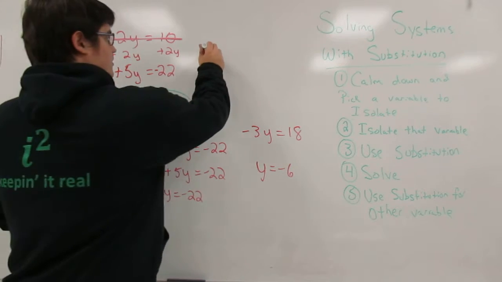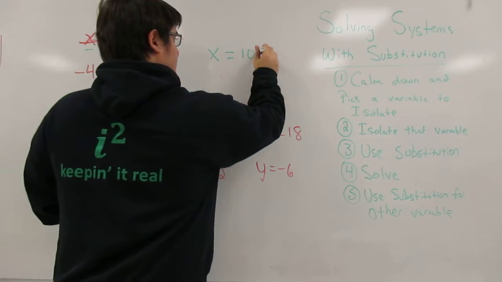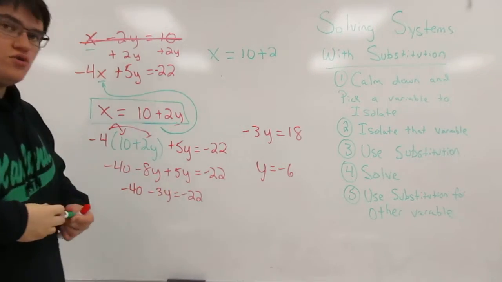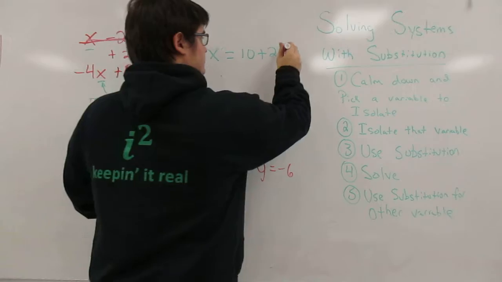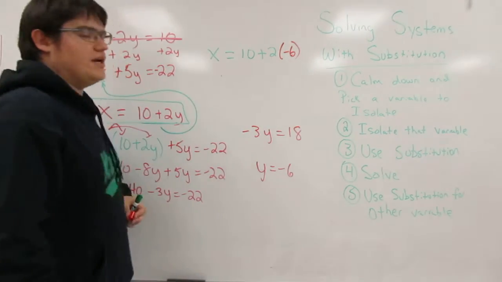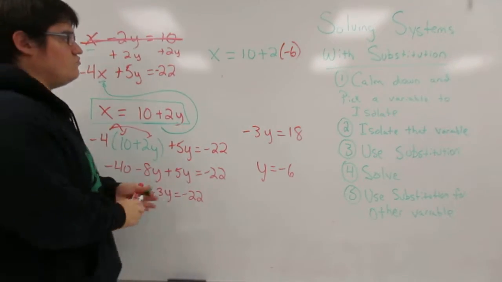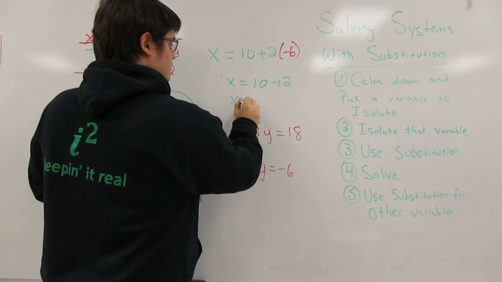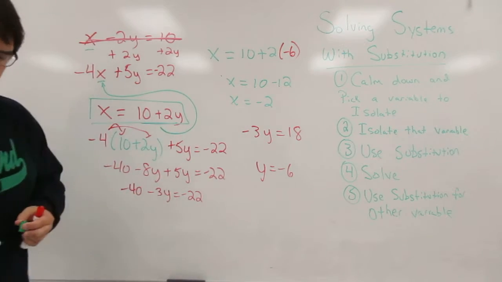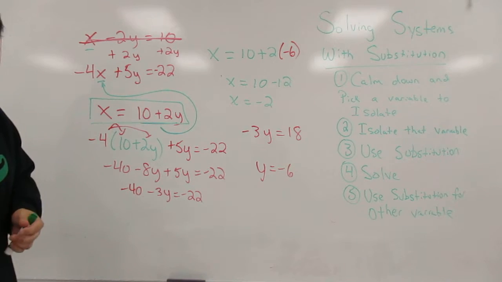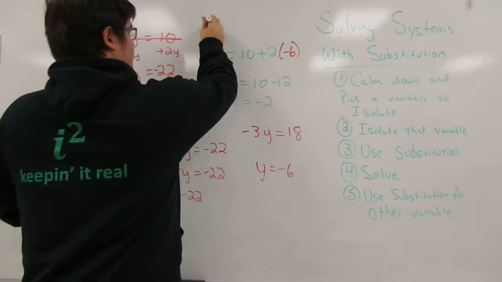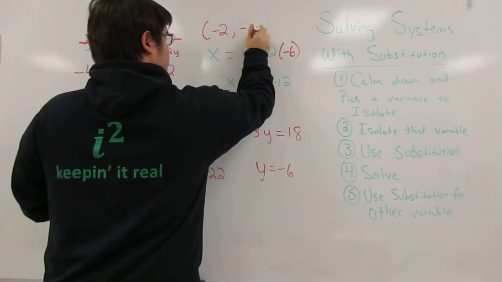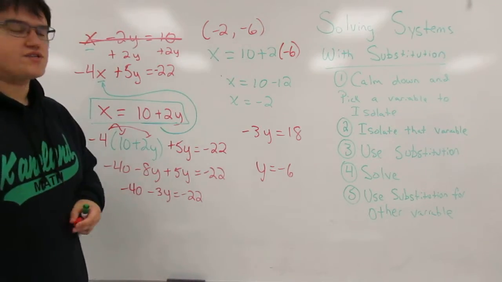Okay. So x equals 10 plus 2, and instead of y, I'm going to put in a negative 6. So x equals 10 minus 12, x equals negative 2. So now our answer to this system is negative 2 comma negative 6.